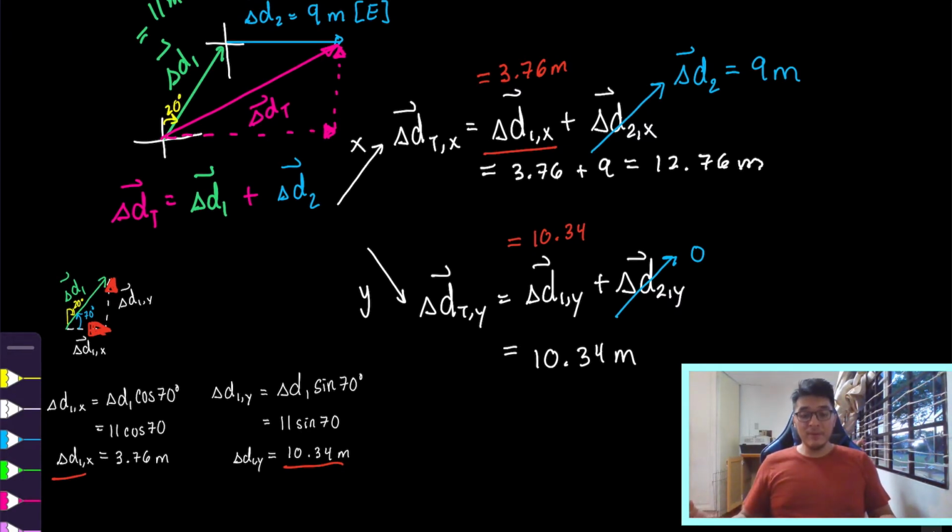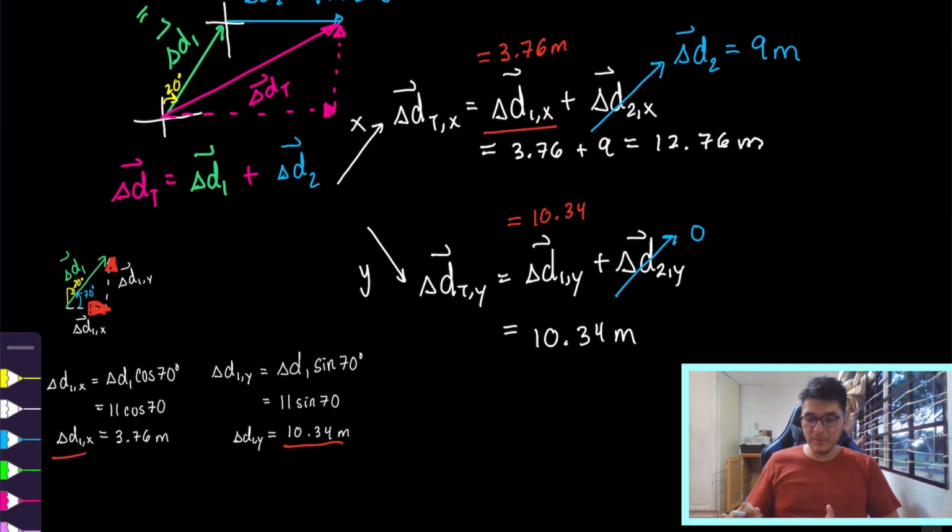But you know, after all this work, we're not actually finished because we found the components of the total displacement vector, but to find the displacement vector itself, you have to reconstruct it. So what we did is we broke it down into x and y, but then we have to build it back up to get the actual vector itself. So let me show you what I mean by that.